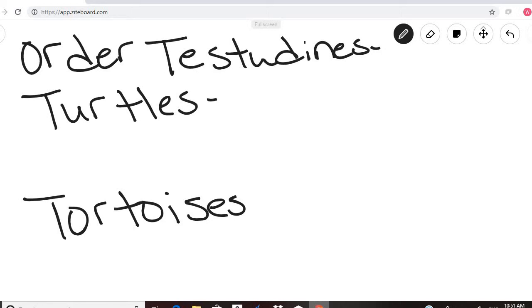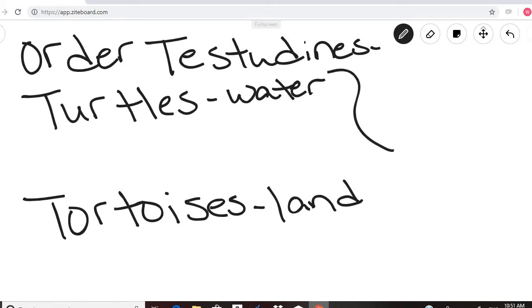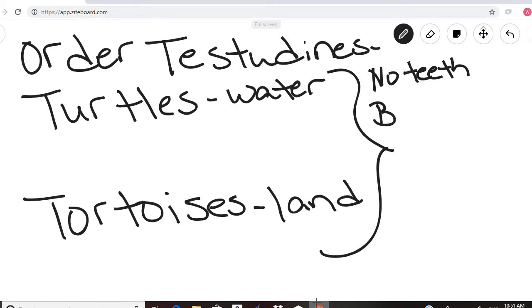So turtles live in the water. They can come out of the water, but they live in the water, and tortoises live on land. Both of these have no teeth. So they use their beaks to snap food.